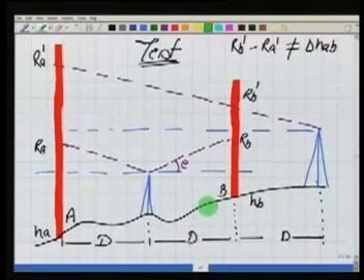In the next step, we take our instrument, the level, again a distance D away from B. So this is a distance D, and in the same direction, the direction A, B, and this is the point C. They all are in one line.